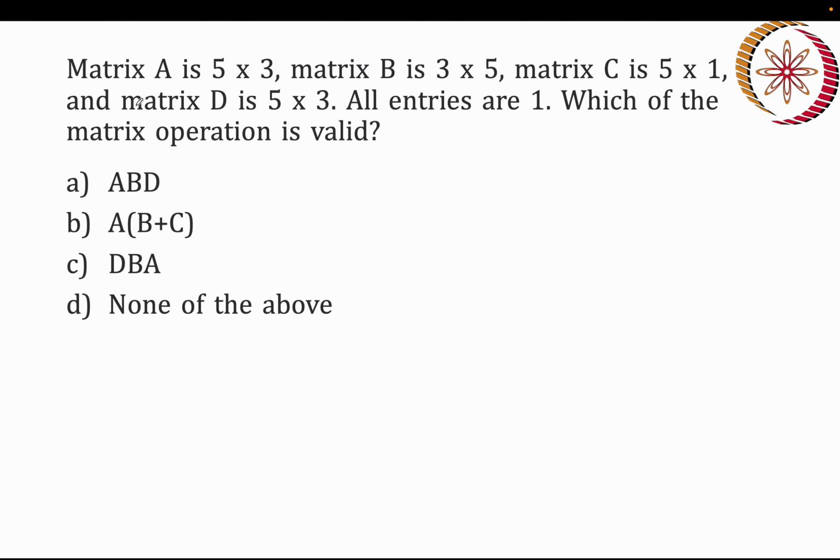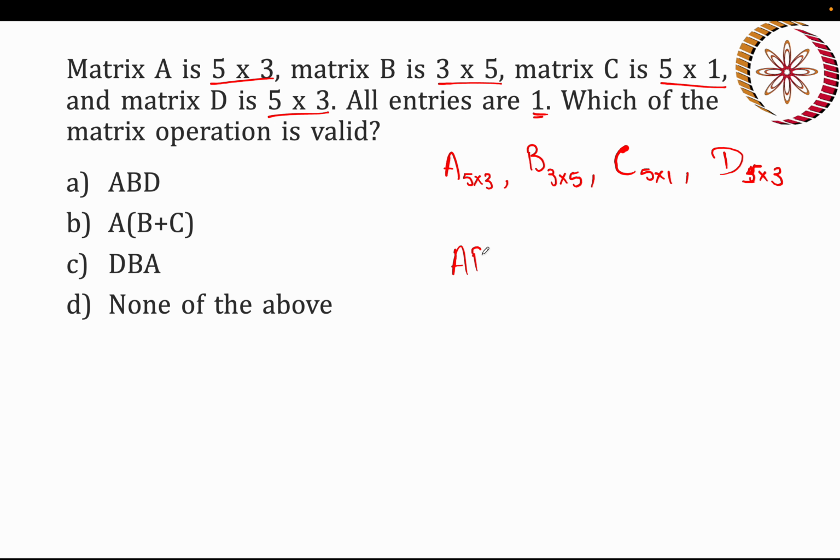If matrix A is 5 by 3, B is 3 by 5, C is 5 by 1, and D is 5 cross 3, and all the entries are 1, which of the matrix operations is valid? So first of all we'll test the operations. A is 5 by 3, B is 3 by 5, C is 5 by 1, and D is 5 cross 3.